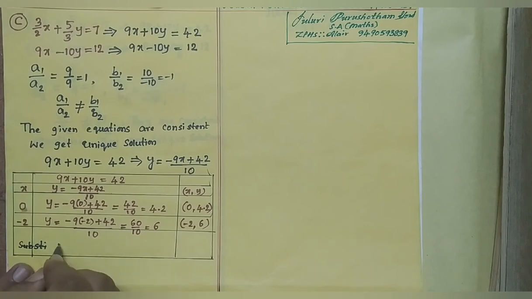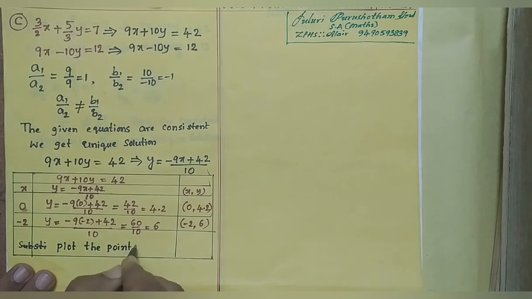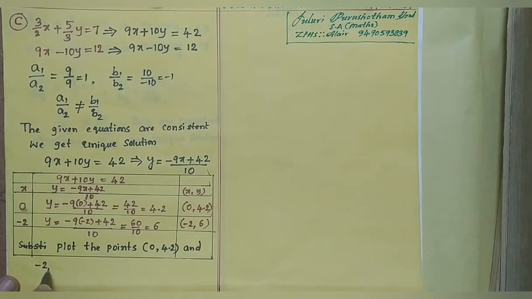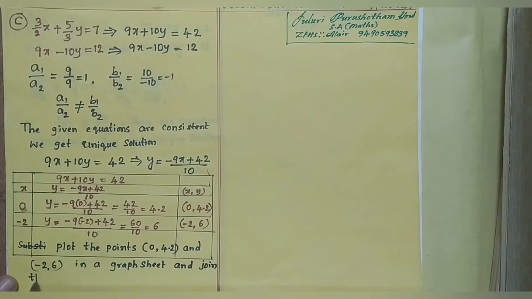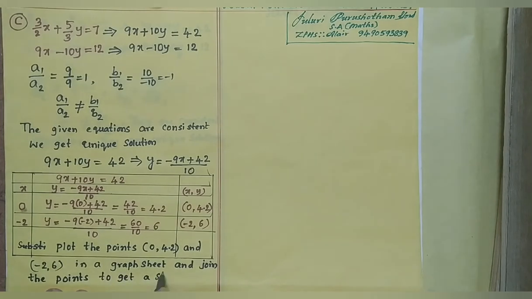Plot the points 0 comma 4.2 and minus 2 comma 6 in a graph sheet, and join the points to get a straight line.